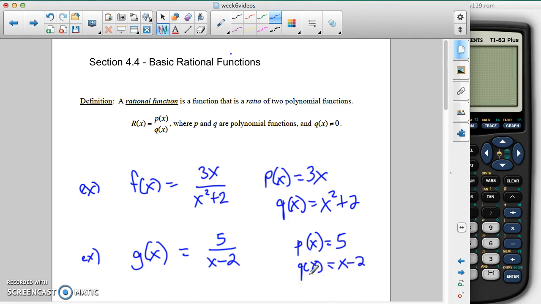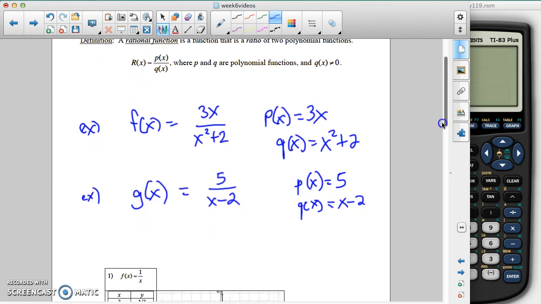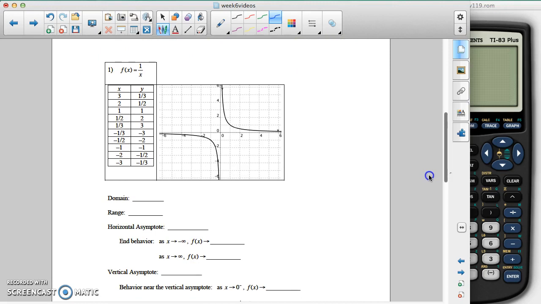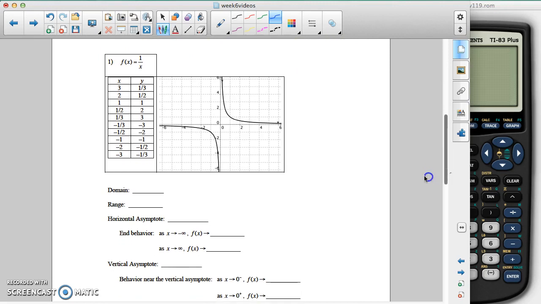In this section we're going to look at two basic rational functions. These are on your worksheet for this section, so I just took those off the worksheet. This is our first function, f of x equals 1 over x.